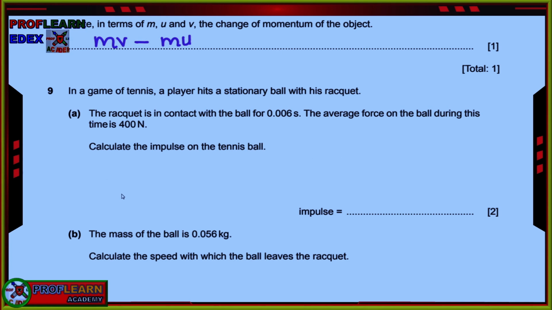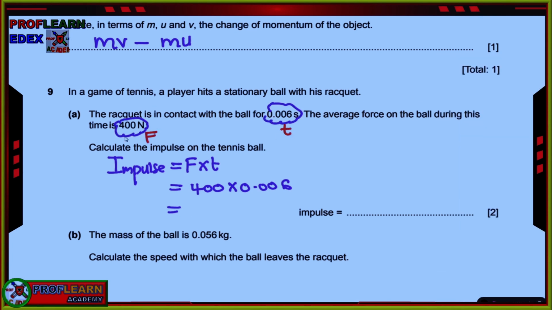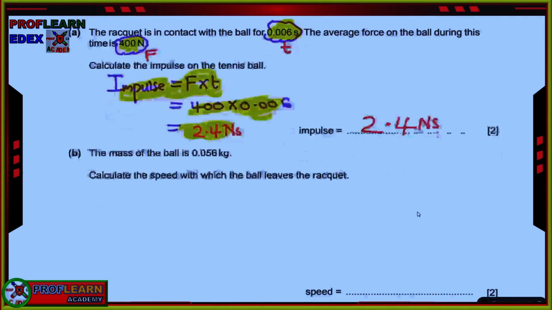What I need to stress most whenever you are doing questions with momentum and impulse is to check the most appropriate formula depending on what is given in a question. If you work it out, you get your answer equivalent to 2.4 newton seconds as the impulse.